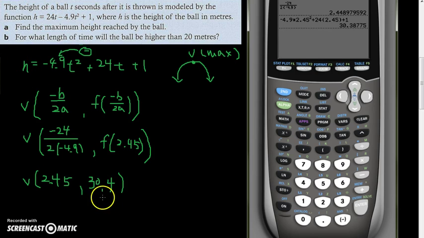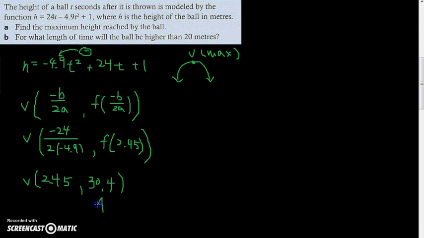Which means this is my maximum height. And when does my maximum height happen? When time is equal to 2.45, that's when the object reaches the maximum height, which is 30.4 meters. So this is your part A.